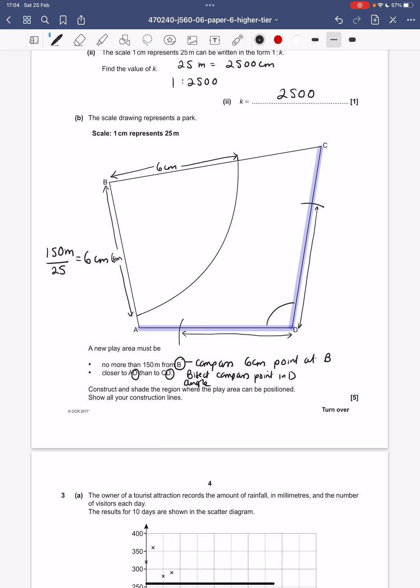And you take your compass, still set to the same amount, and you put it in this here, and you arc up there, and then you put your compass in here, and we arc there. Does that make sense? So that's step 1. Number 2, arc on AD. Number 3, arc on CD. And then you join these together.